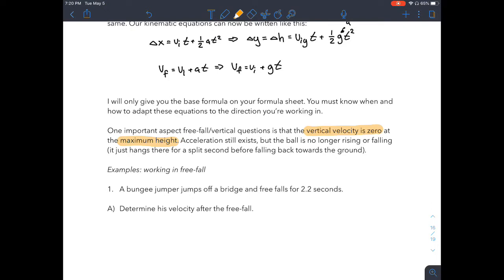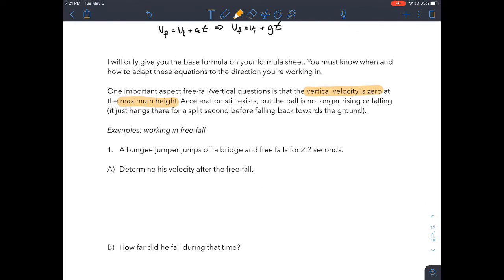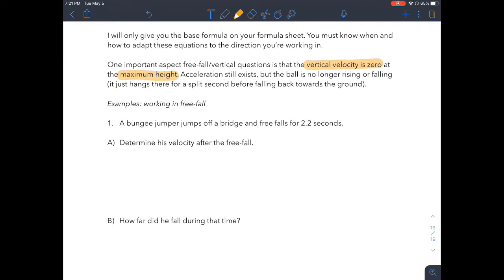Now, if you ever think about trying to catch something, let's say you're on a balcony or on a roof and somebody throws something up to you, if you think about trying to catch it right as it goes in front of your head, you'll notice it actually stops, or it looks like it slows down, because it is actually moving extremely slowly and then stops at that maximum height. So that is an important aspect, because we can break up these questions into an upwards motion and then a downwards motion.